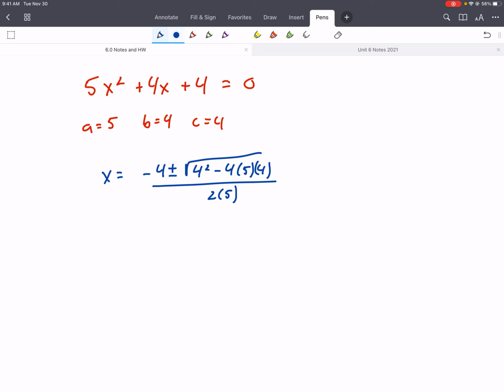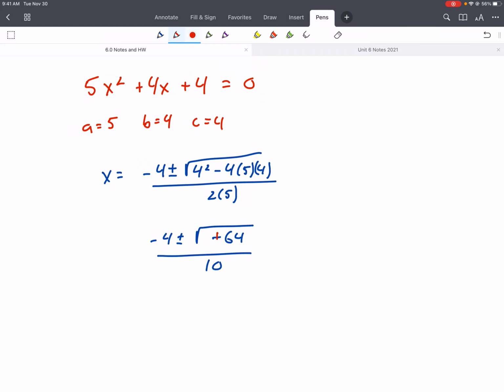All right, so we'll simplify the discriminant. So we get negative 4 plus or minus the square root of, we'll type this in, 4 squared minus 4 times 5 times 4. So I get negative 64 all over 10. And we'll simplify the root.